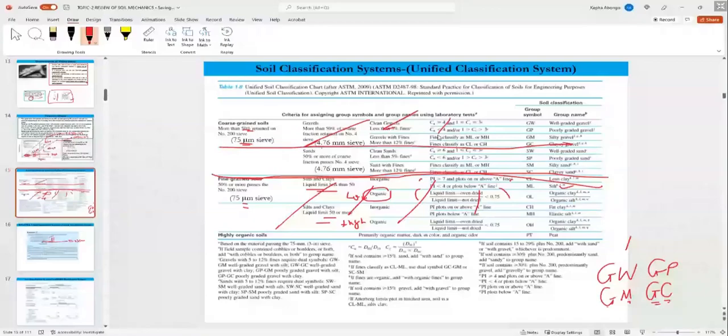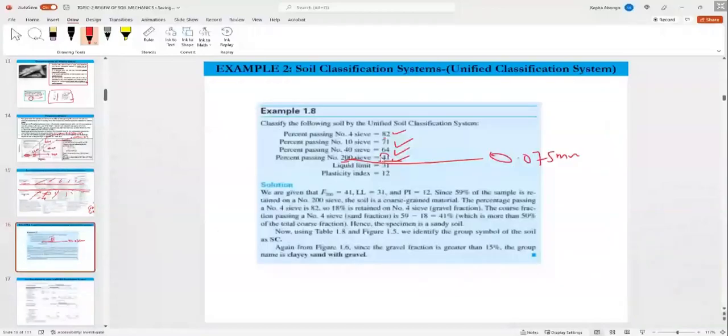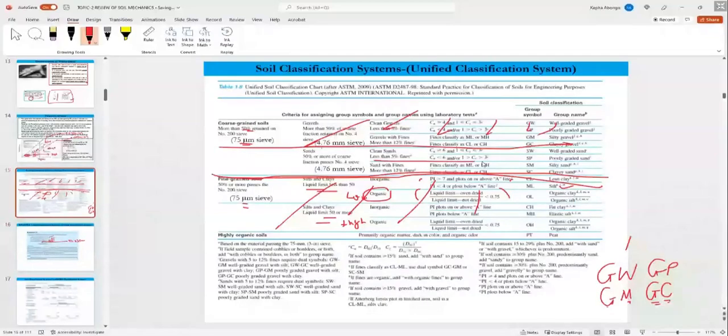Next we want fines. Is it 5% fines or 12% fines? Fines are 41%, which is more than 12%. It's not this, so we go with this.